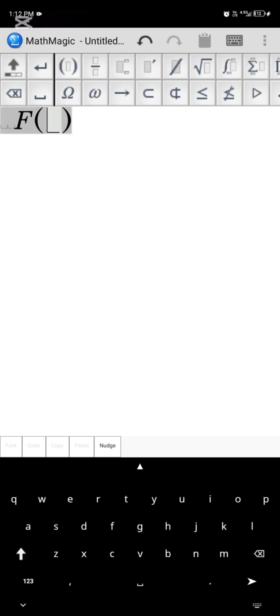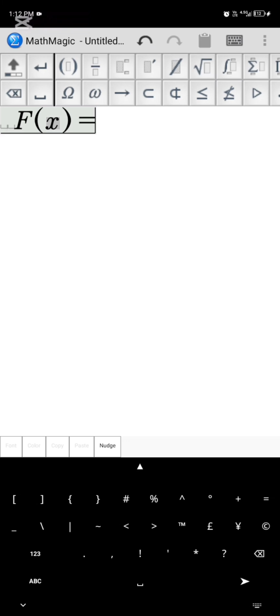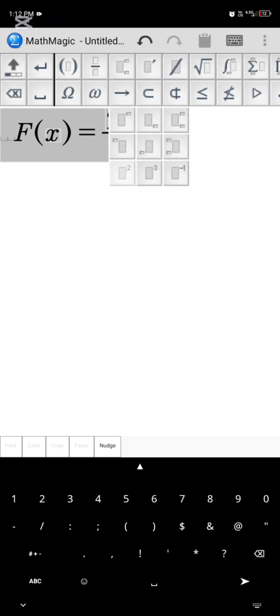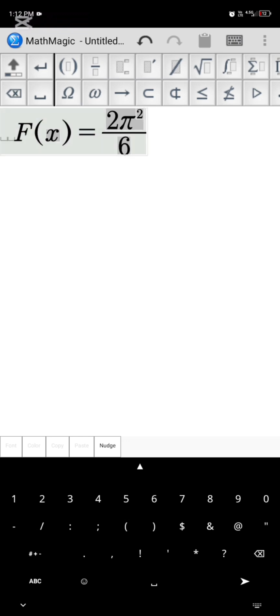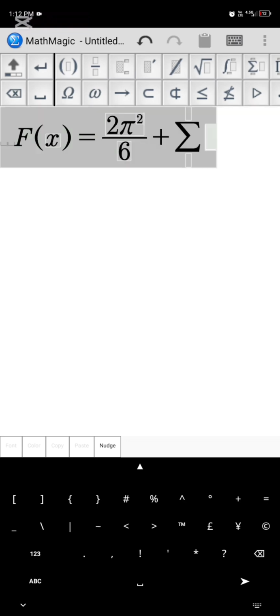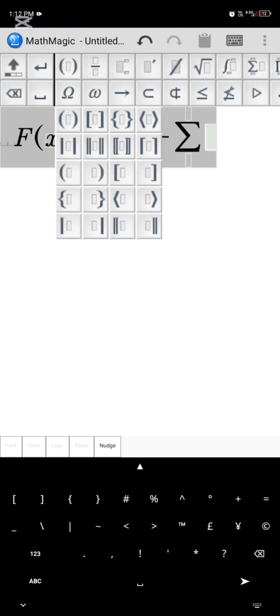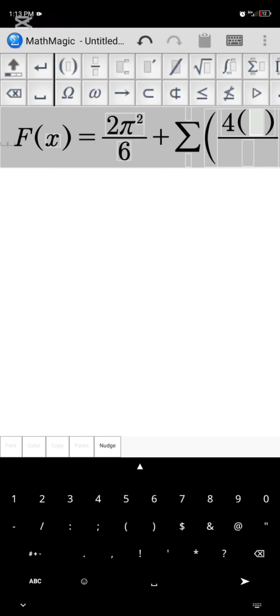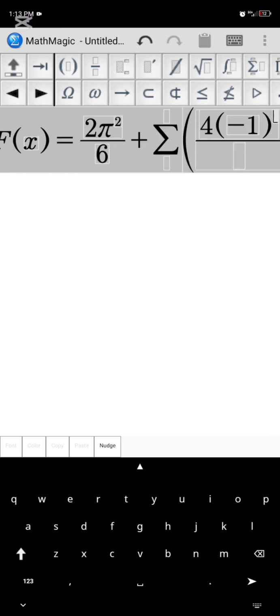So we have f of x is equal to, a naught is 2 pi squared over 3, so we can now write this as 2 pi squared over 6, plus the summation from 1 to infinity of, the value of an, which is 4 multiplied by minus 1 raised to the power of n, over n squared.